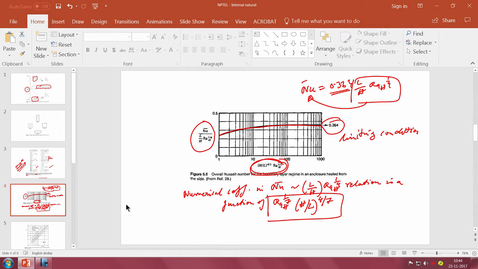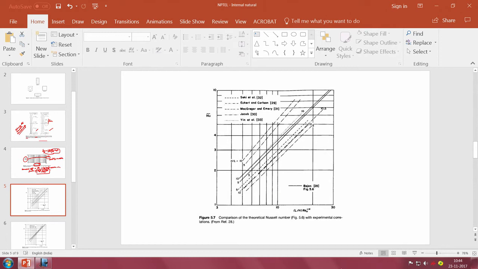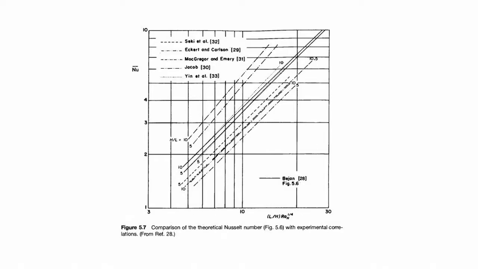Now, what people have done is a survey of different types of solutions that are available. You can look at this particular graph, for example. This shows some of the theoretical Nusselt numbers with experimental work and experimental correlations, taken from reference 28.